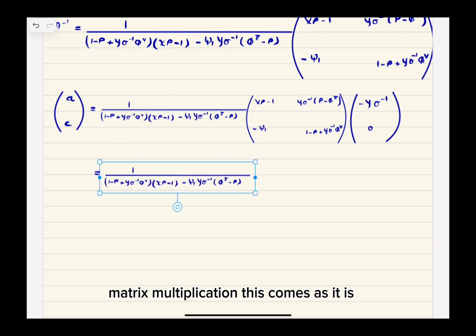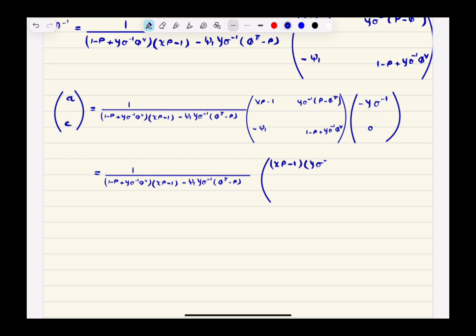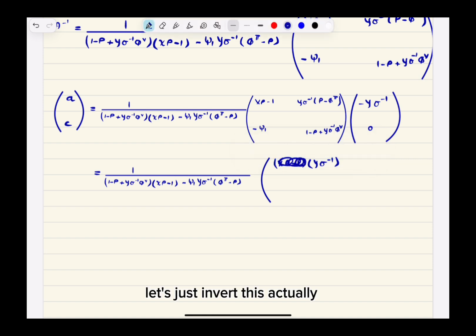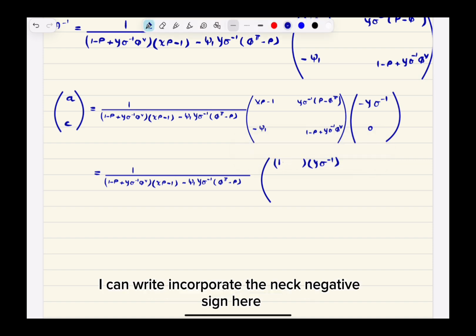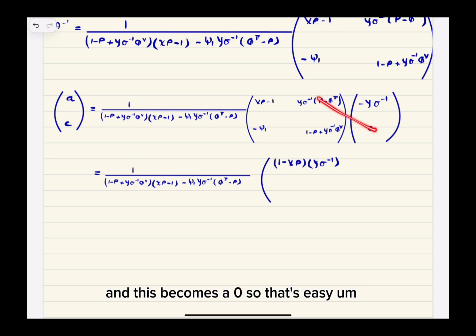This comes as it is, and we have a x rho minus 1 into a gamma, and there's a negative sign, so let's just invert this. Actually, I can incorporate the negative sign here, and this becomes a 0, so that's easy.